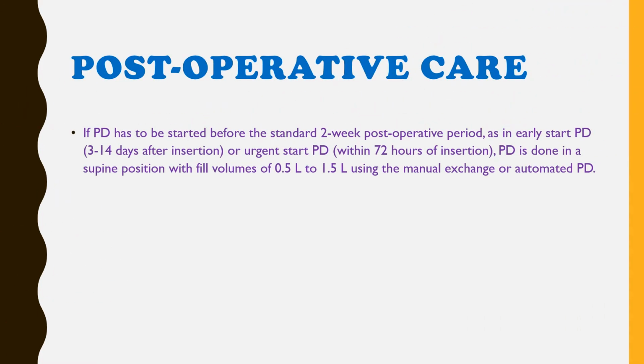If peritoneal dialysis has to be started before the standard 2-week post-operative period, as in early start peritoneal dialysis, that occurs 3 to 14 days after insertion, or urgent start PD, that is within 72 hours of insertion, peritoneal dialysis is done in a supine position with fill volumes of 0.5 liters to 1.5 liters using the manual exchange or automated PD.